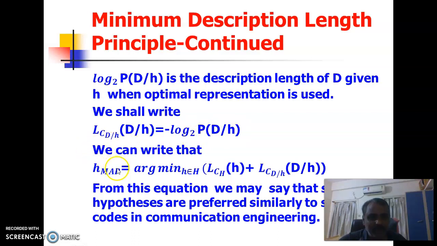Now H_MAP can be written as H_MAP is equal to argmin over H an element of capital H, L_CH(H) plus L_CD|H(D|H). From this equation, we may say that short hypotheses are preferred, similarly to short codes in communication engineering.